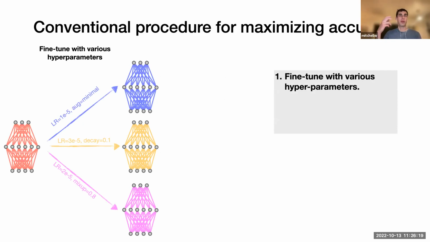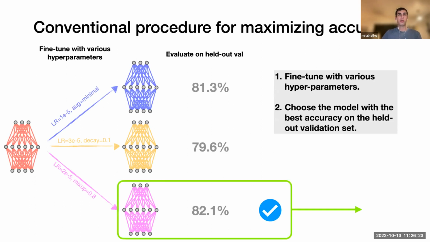So you fine-tune a bunch of models with different hyperparameters. And then you choose the model with the best accuracy on the held out validation set. And you say, okay, that's my model. I'm going to put it in the table. And you're going to usually discard the remainder of the models. These just simply didn't do as well, so you're not as interested.